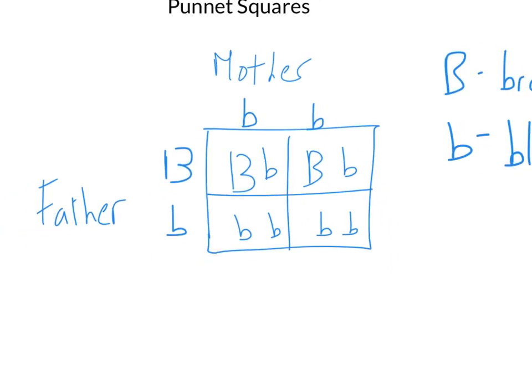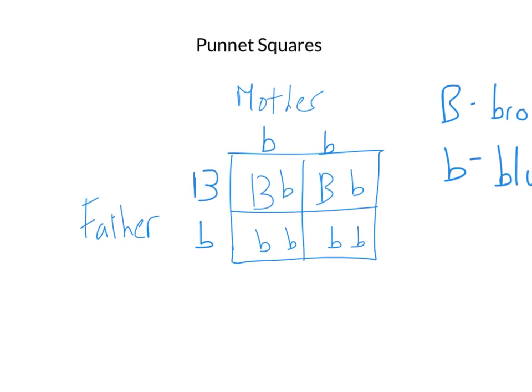So a common thing that they'll ask you to do is draw a Punnett square and then say, what's the probability that this child will have brown eyes? So the child will have brown eyes here or here as their phenotype, which remember is a word that means what they'd actually show up as.